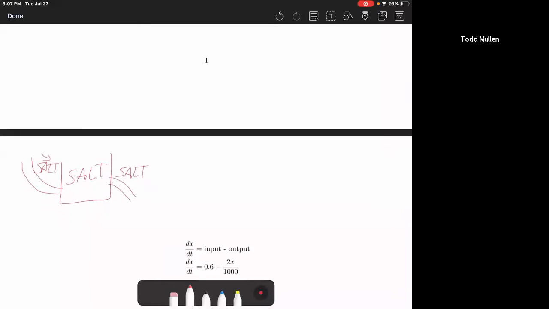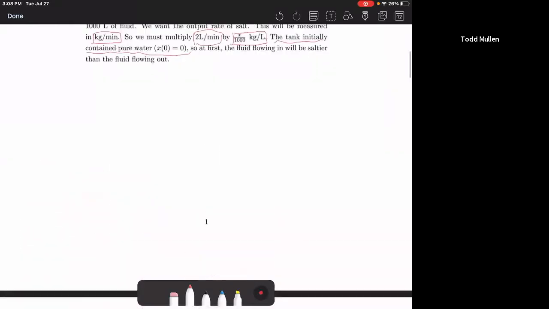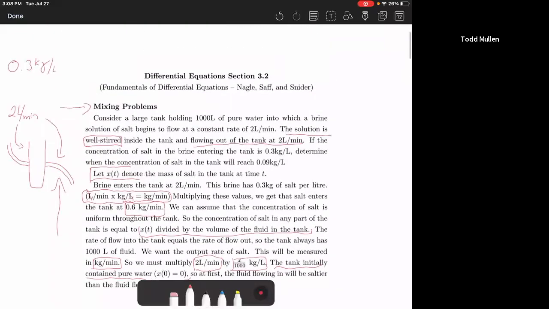So dx/dt is equal to the input, which we know is 0.6 kilograms per minute, minus the output, which is 2x over 1,000 kilograms per minute. And we were asked to find out when this is going to equal 0.09, I believe. Scroll back up. Yes, we want to know when the concentration is going to be 0.09 kilograms per liter.